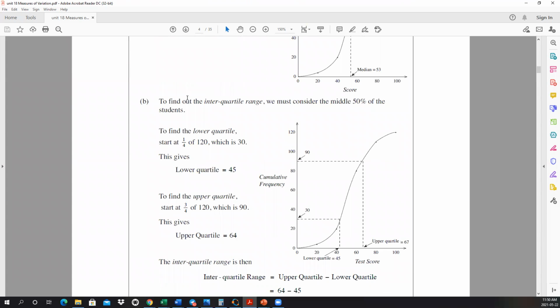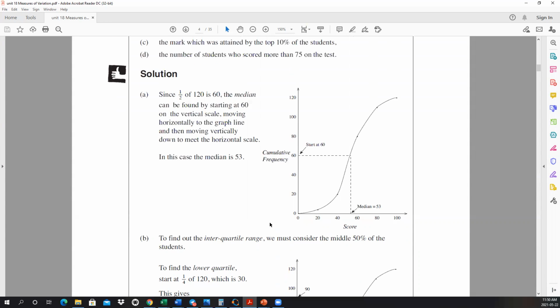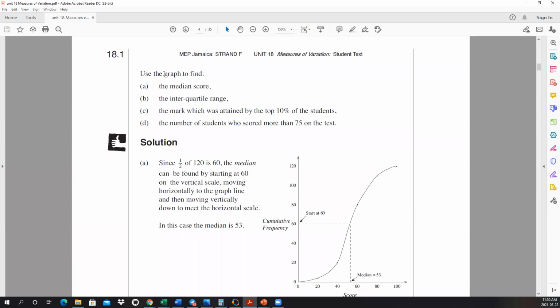Right, so let's see. So your lower quarter, so find the lower quarter, start at that, which is 30. Right, so this point is 30, but what I do is move, because we're asking for the score, let me make sure I ask the right question. So use the interquartile range.